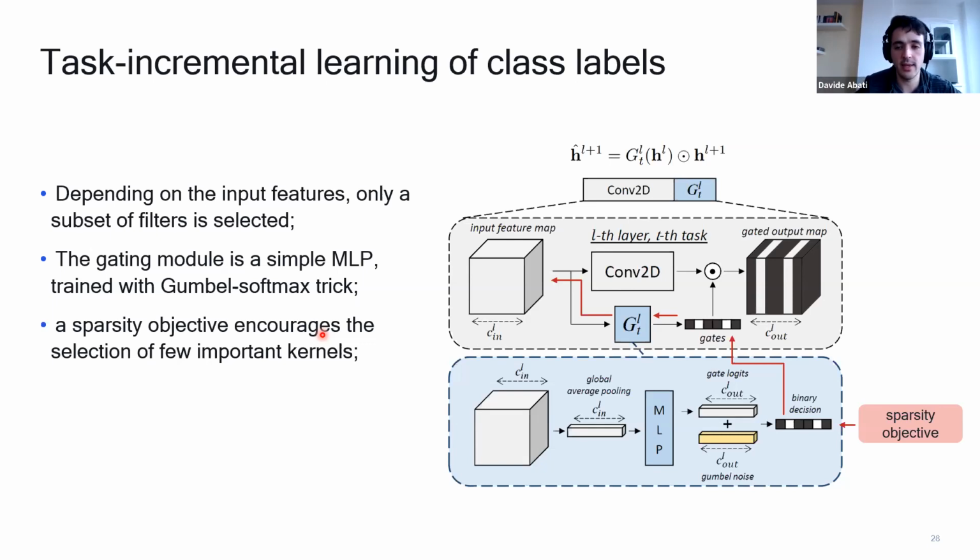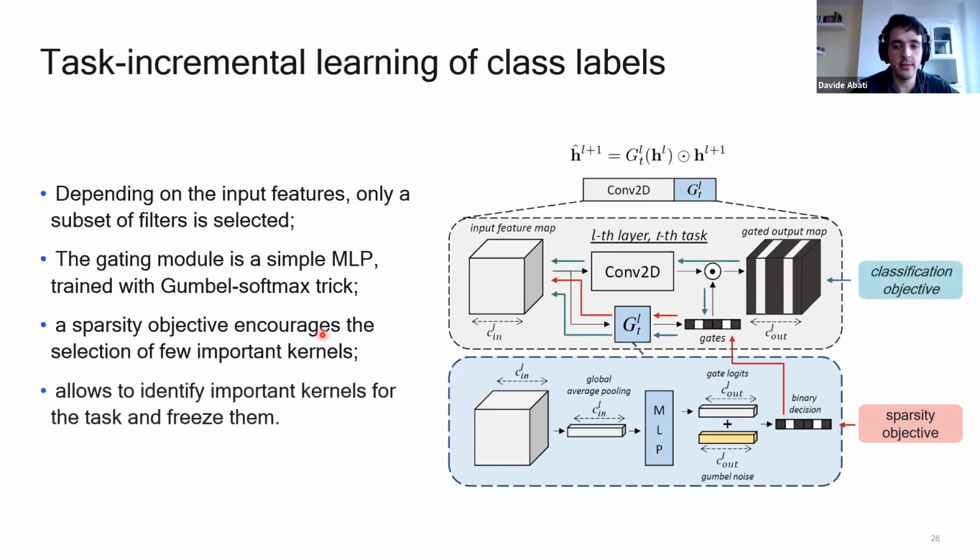If we don't do anything else, those gates will just be turned off, right? But on the other hand, we have a classification objective that comes from the end of the network and will send gradient to the gating module itself. This classification objective will ask the gating module to keep firing for the important parameters for that task. So the sparsity objective tries to turn them off, and the classification objective tries to turn them on. As a result, only the relevant ones will be turned on.